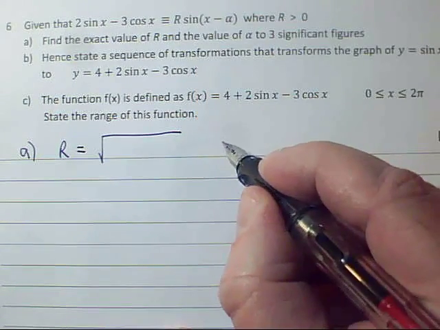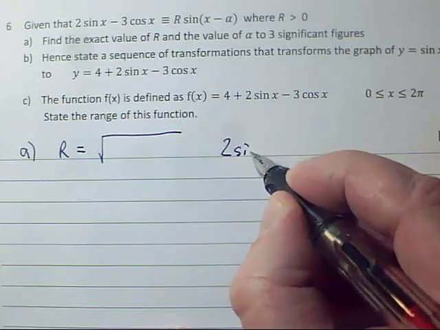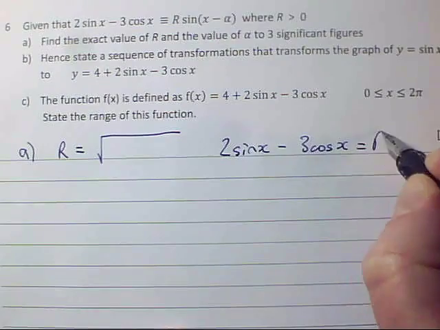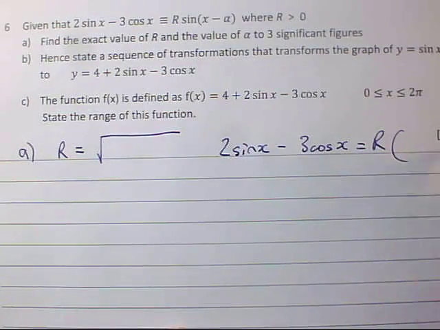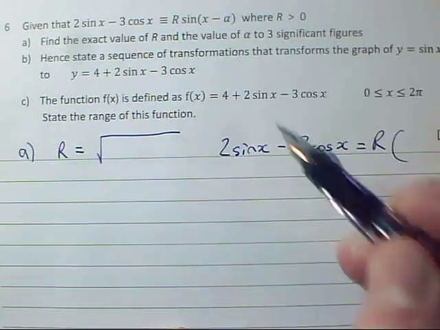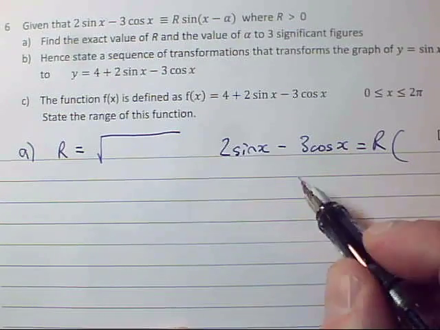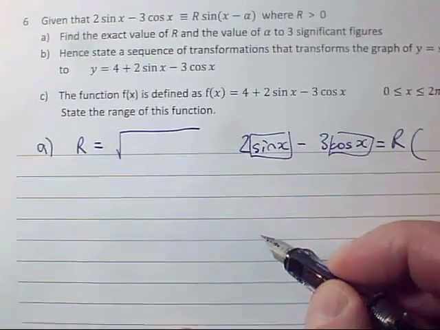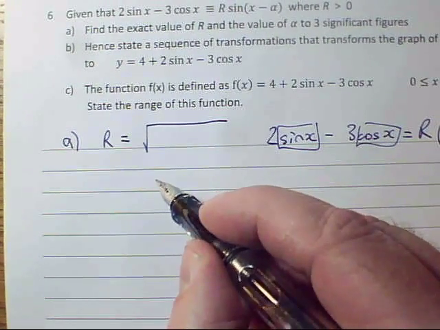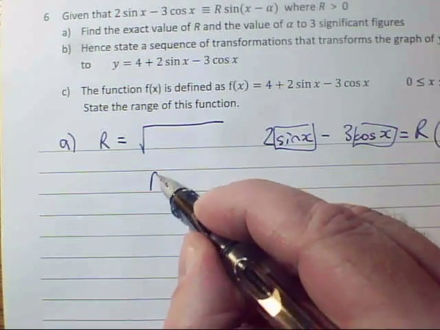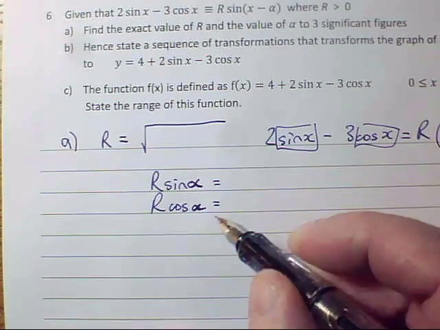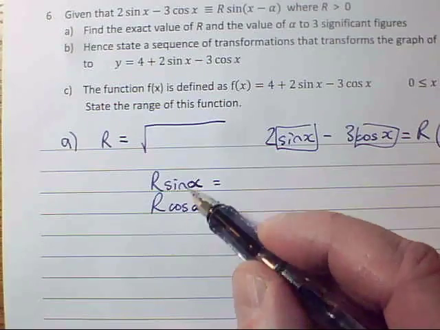We're going to get 2 sine of x minus 3 cos of x equals R times sine of (x minus alpha) expanded, and then you need to compare the sine x's and the cos x's. A landmark in this process, which is always nice to see, is that our sine alpha and our cos alpha are particular values. You may not get them in this order, it doesn't matter.